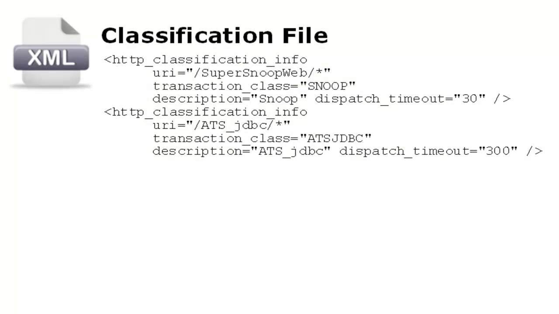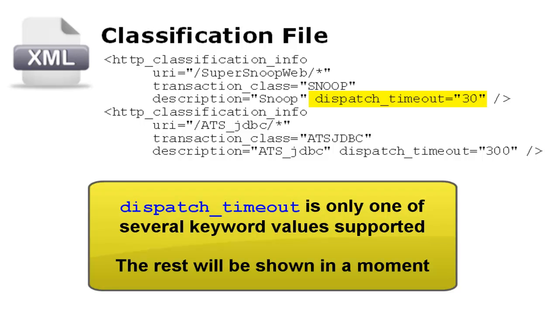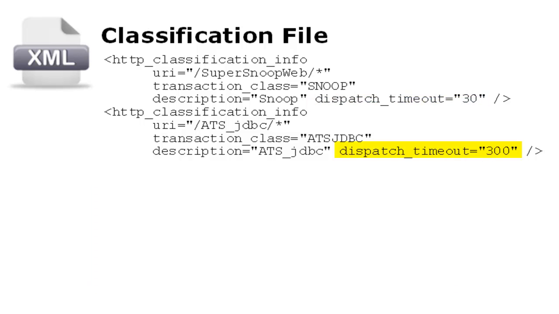Here's a snippet of the classification file that we used earlier, but notice that we've extended it with, in this case, a keyword dispatch timeout. And we're showing Super Snoop getting a value of 30 seconds, and we're showing JDBC getting a value of 300 seconds. Now that is an example of having different behavior set for each application within the same application server.